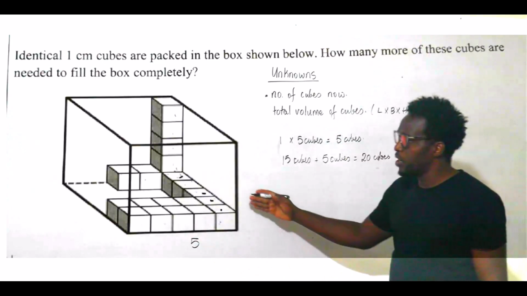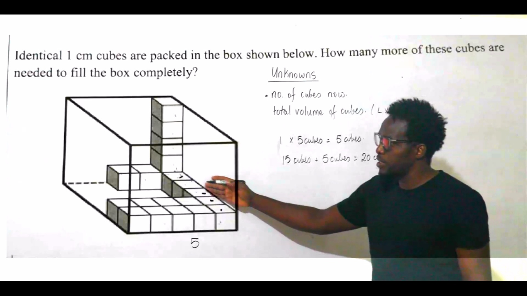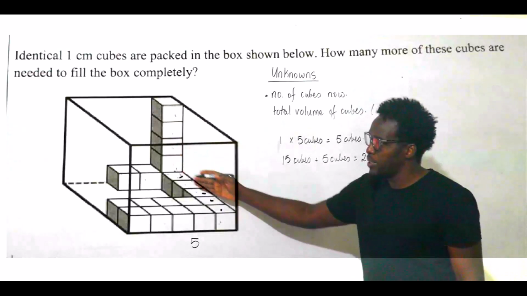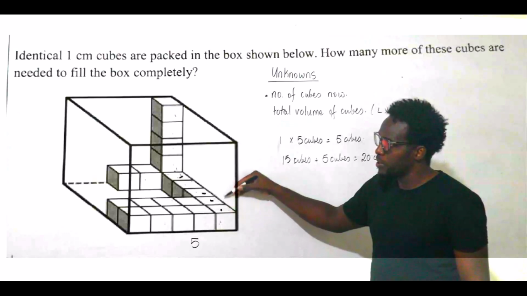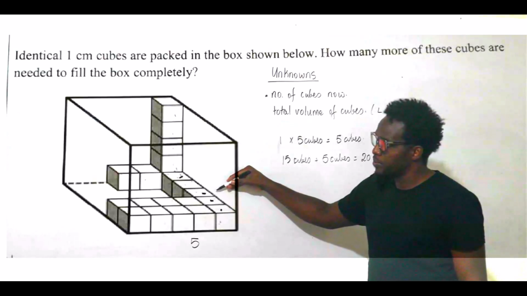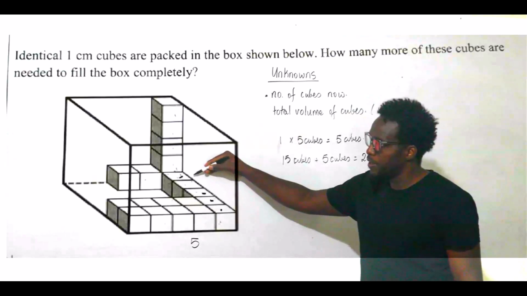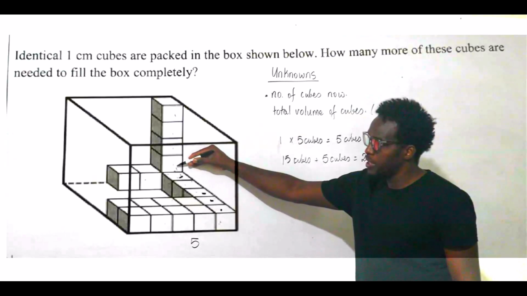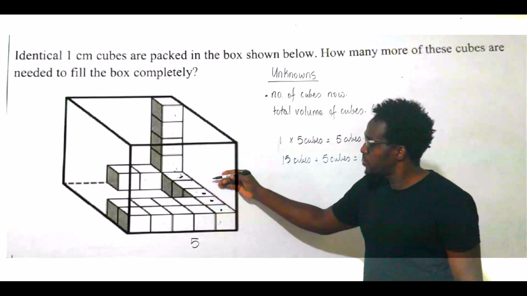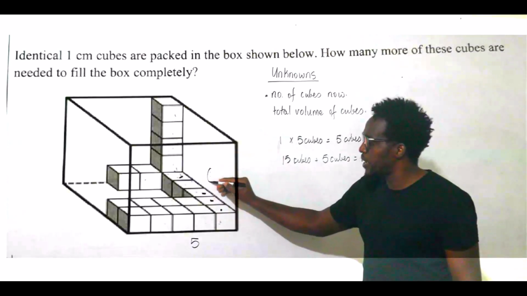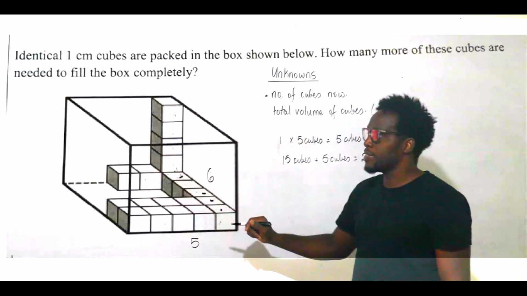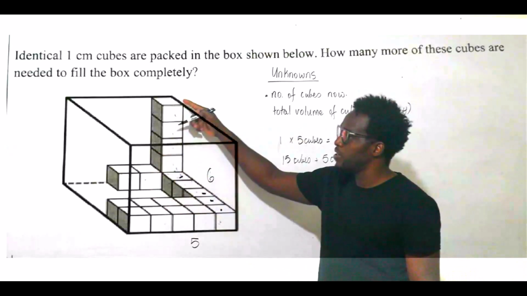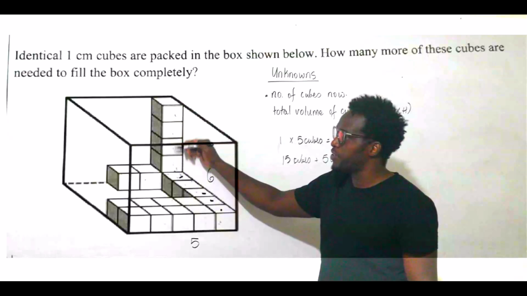If we count the breadth going down here, starting with this one here, 1, 2, 3, 4, 5, and below here is a cube, so 6. So we can think of this as being 6 cubes going this way. And lastly, the height, we already know it's 5 cubes in height.